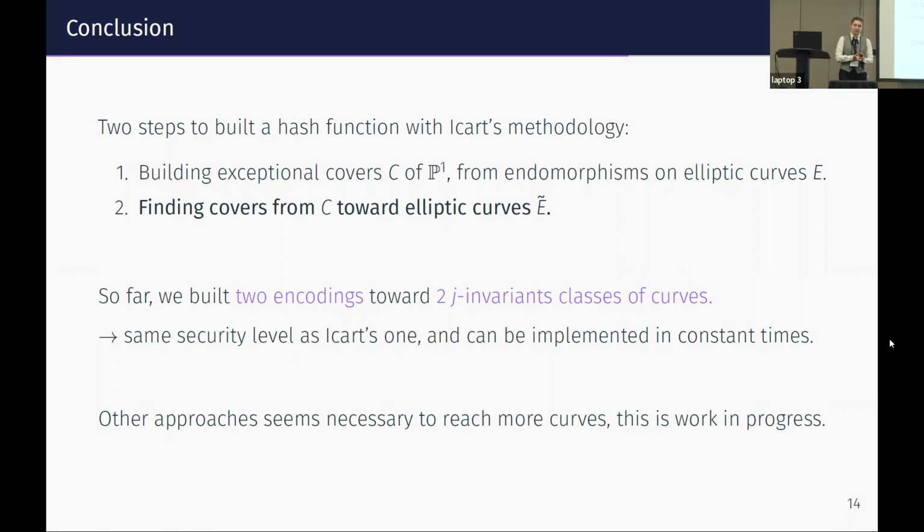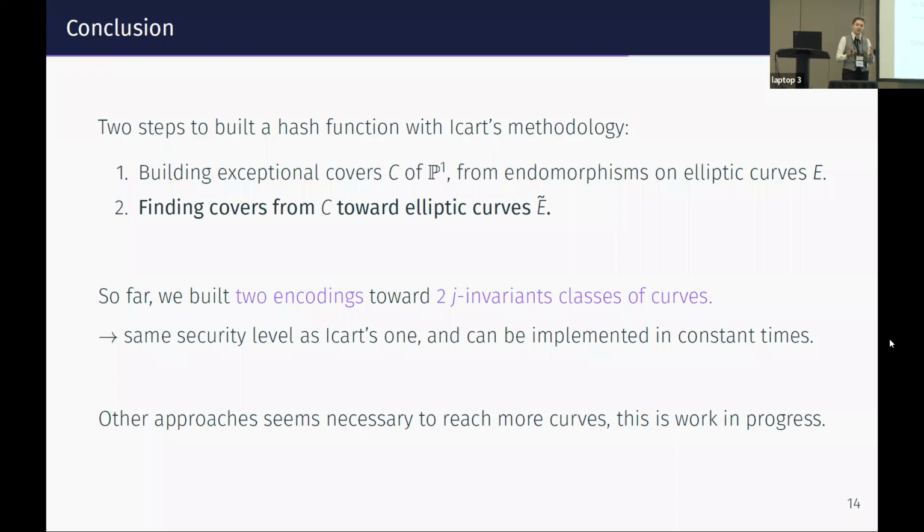And the second step is to find covers from such curves C to elliptic curve tilde E. So far with this method, we are able to build two encodings toward two j-invariants of elliptic curves for each value of Q we could use.